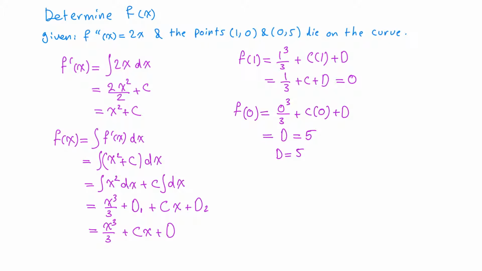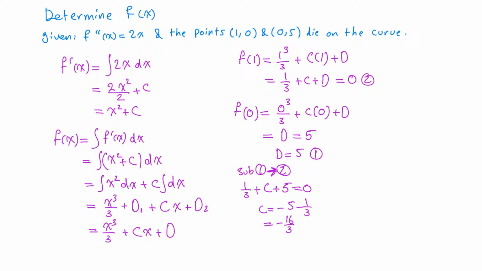And since I have d, I can plug that into this equation over here. So let's say this is equation 1, this is equation 2, sub 2 into 1, and I will get 1 over 3 plus c plus 5 is equal to 0, so c is equal to negative 5 minus 1 over 3, which is equal to negative 16 over 3.